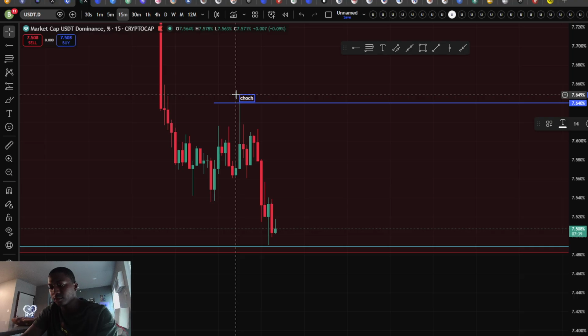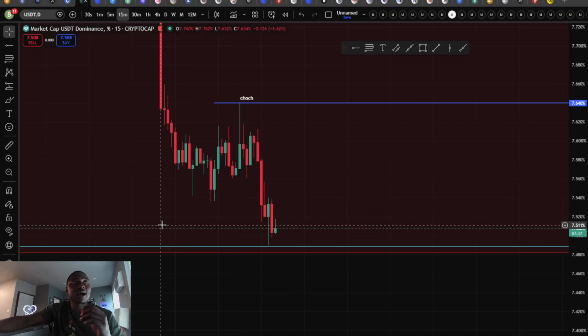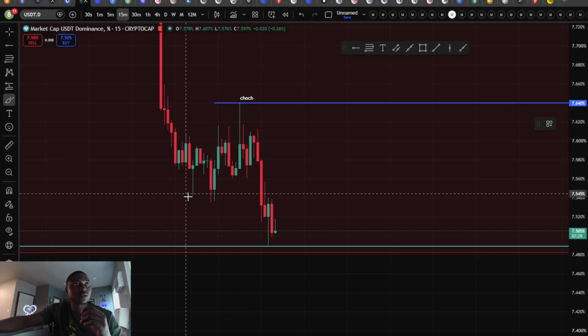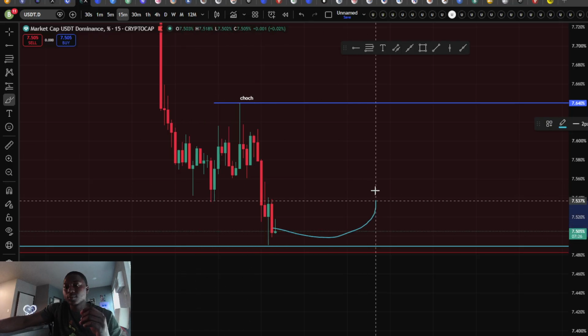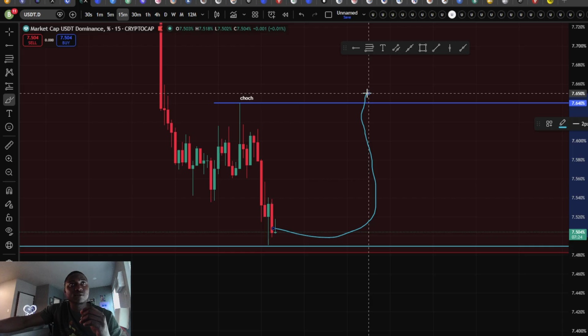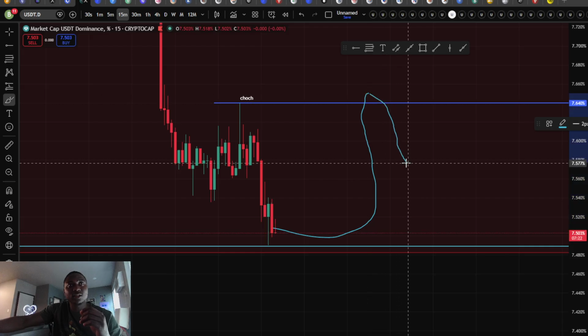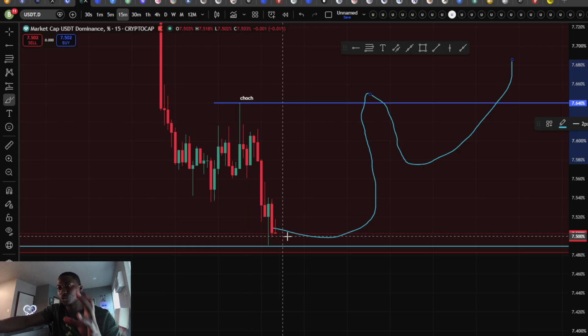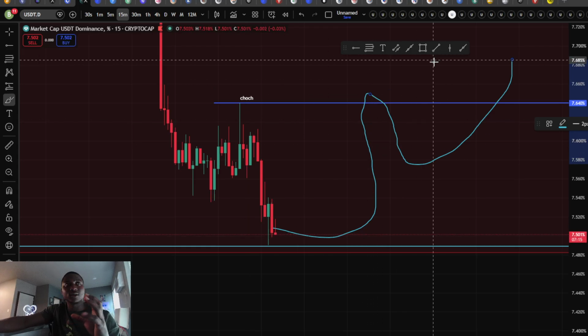If we break above this, I will do the drawing now for you guys. It will go something like this. A break above here, and then you wait for the higher low. And then it's like this type of head and shoulders pattern, if you understand what I mean.